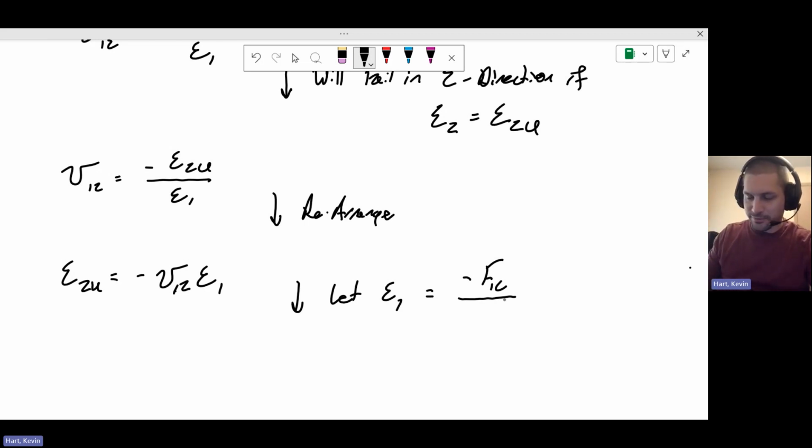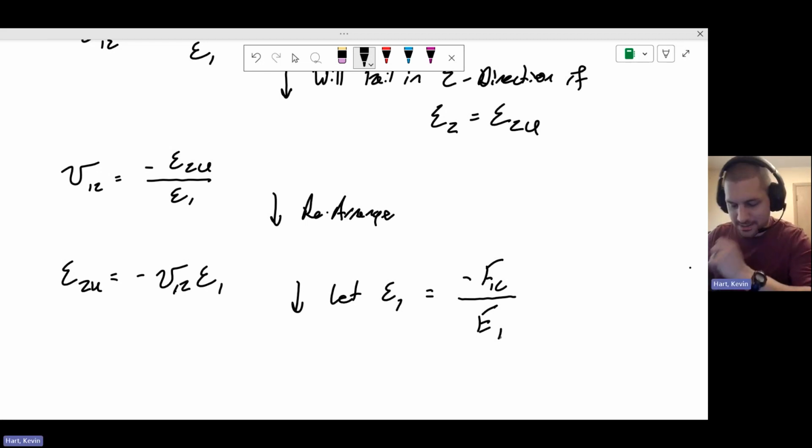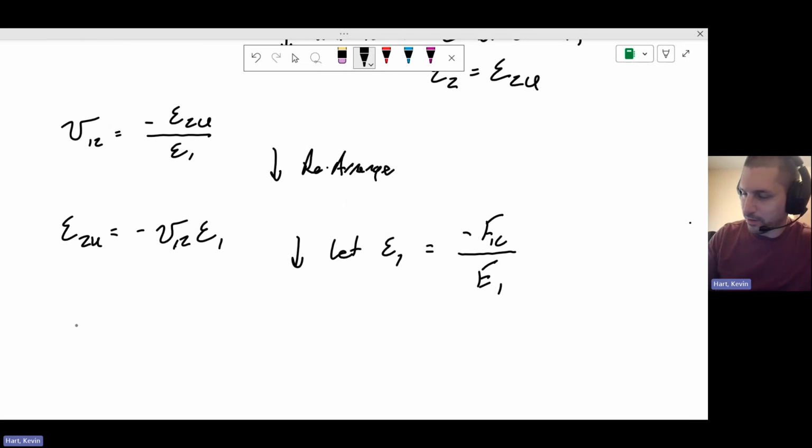So it's the negative failure strength in the one direction in compression divided by the elastic modulus of this composite in the one direction. I think this is just simple Hooke's law. It tells you we're going to fail in the one direction at F1C, and to determine that we need the elastic modulus by Hooke's law. And so we can keep moving on.